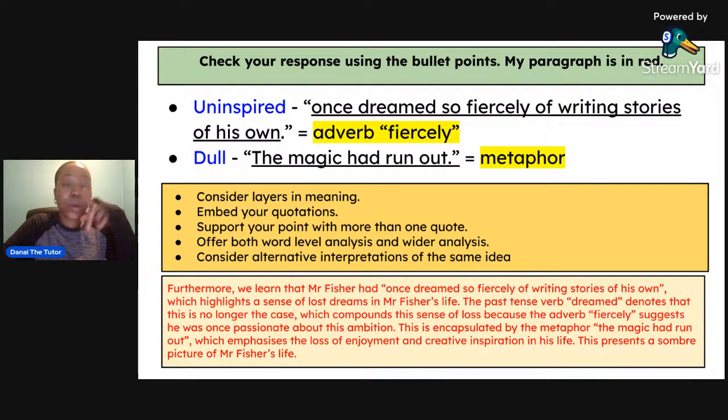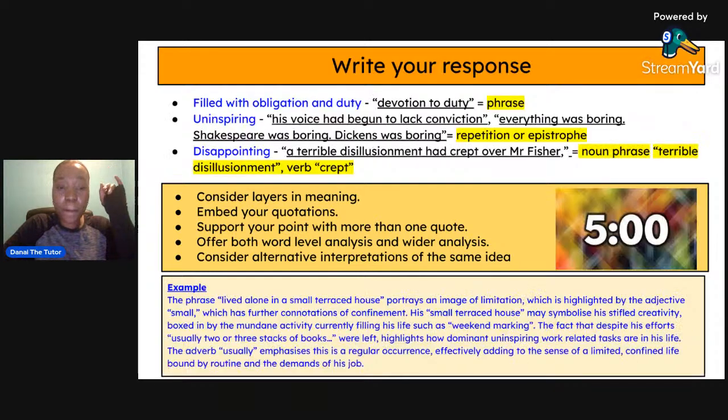So we've got one more. One more, and then that's it. So the final one, we've got 3 points: filled with obligation and duty, uninspiring and disappointing. And 3 quotes as well. So you can either focus on one of them, use the other things to support it.